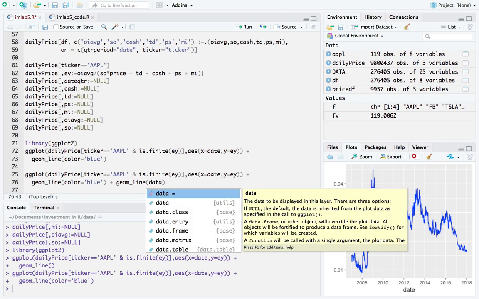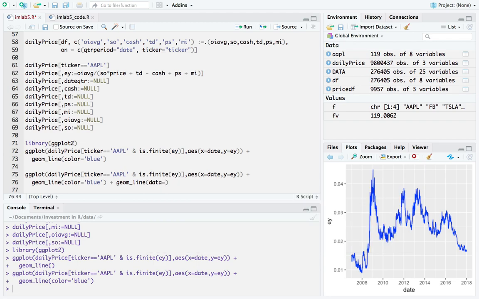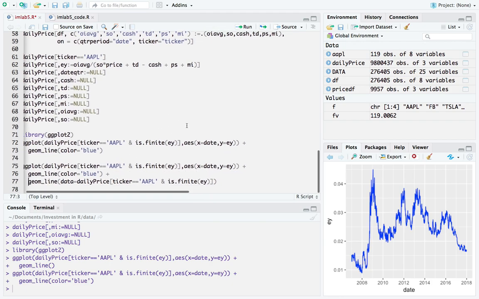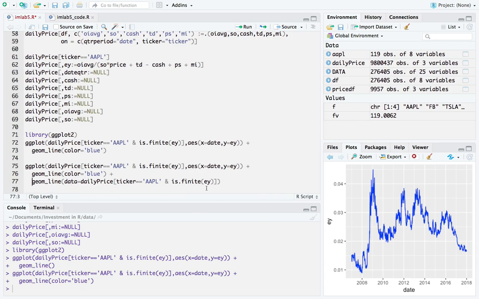So another keyword right here is data equals. And here now I can copy this data part again. And I can say, hey, give me a different table. Let me just do plus so I have more room. I'm using another table now for this new line. It's kind of the same table, but it's going to be a different subset of it.